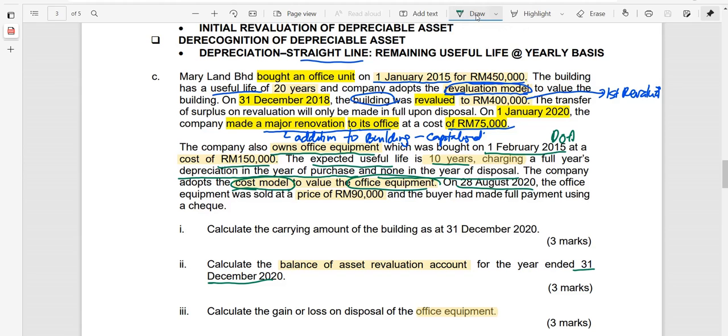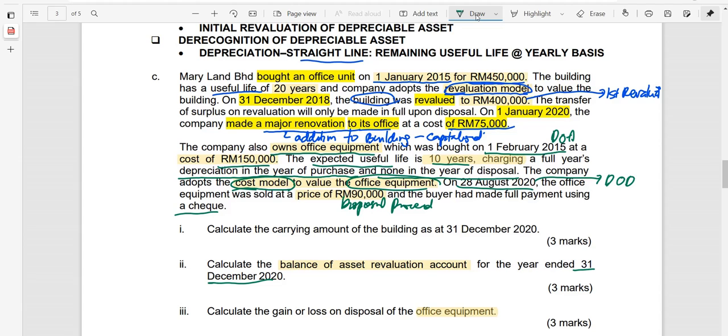So that 90,000 here is the net disposal proceeds. And this 2020, 28th of August, is the date of disposal or the date of derecognition, and the buyer had made full payment on the disposal of the equipment. The buyer made full payment using cheque.